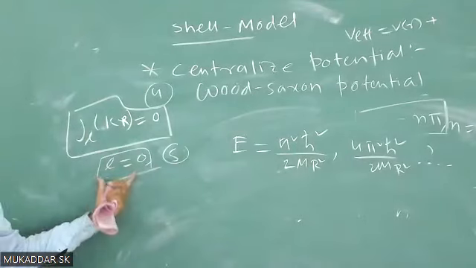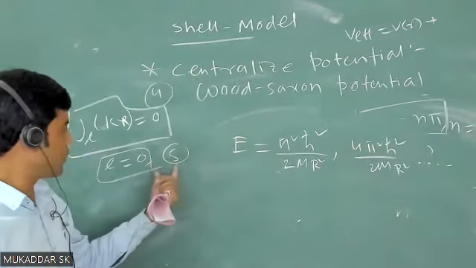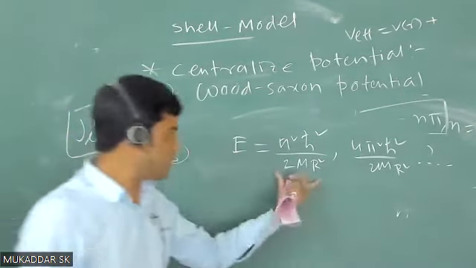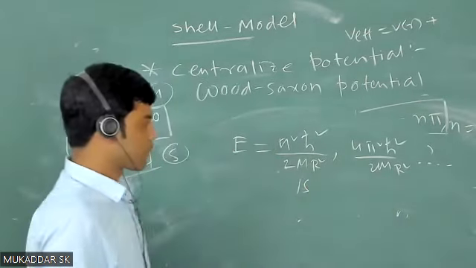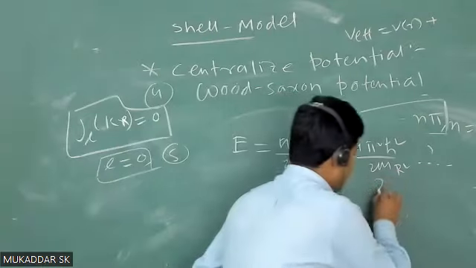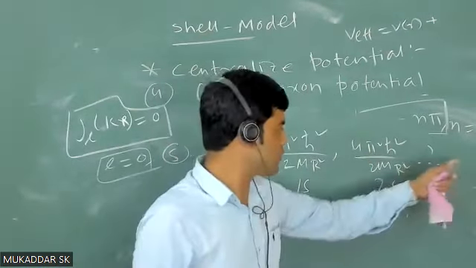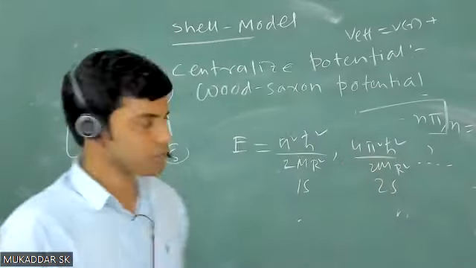You substituted L equals to 0 and got all these energies, so for L equals to 0 all the orbits will be s orbits. The first energy corresponds to 1s, the second energy will be 2s, the third will be 3s and so on. So whatever energy values you get, all will be corresponding to s orbit.